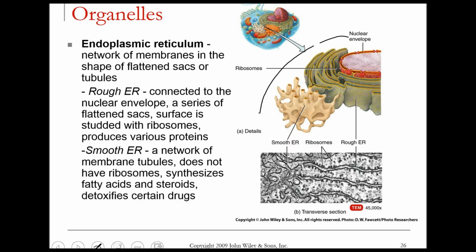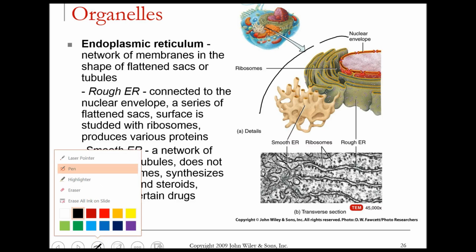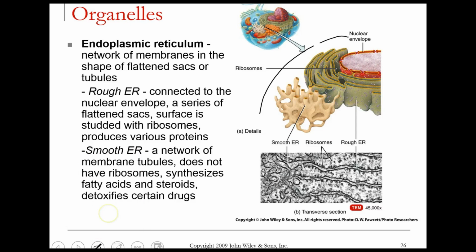The rough endoplasmic reticulum, which is usually right up against the nucleus. The rough endoplasmic reticulum will have ribosomes studded on its surface. So here you can see all of these various ribosomes studded along the surface of the rough endoplasmic reticulum. Also, if you look down at the bottom, you can see some rough endoplasmic reticulum.